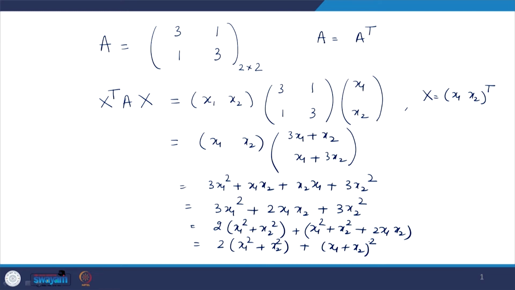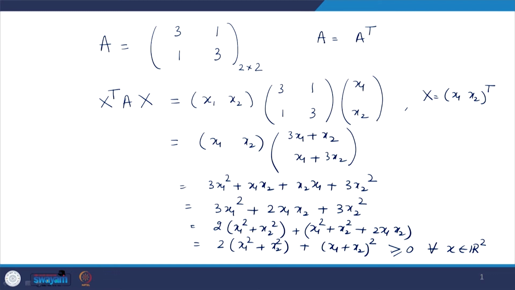So, from this we can easily conclude that this is always greater than or equal to 0 for all x belongs to R 2. Here x is in R 2, and this is 0 only when both x 1 and x 2 are 0. So, for every x belongs to R 2, this quantity is always greater than or equal to 0.